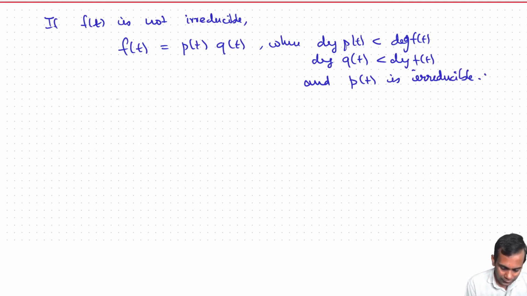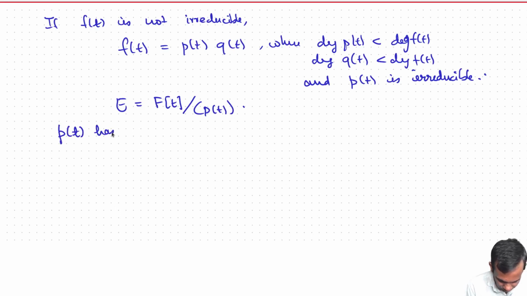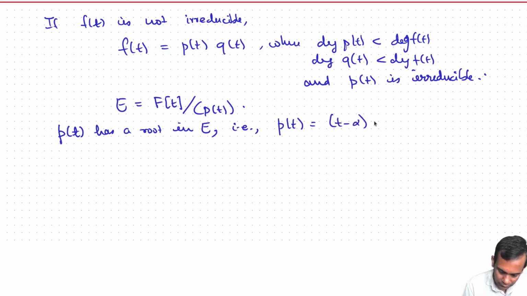Then again you define E to be F[t] mod the ideal generated by p(t), and so p(t) has a root in E, and so we can write p(t) equals t minus alpha times r(t).